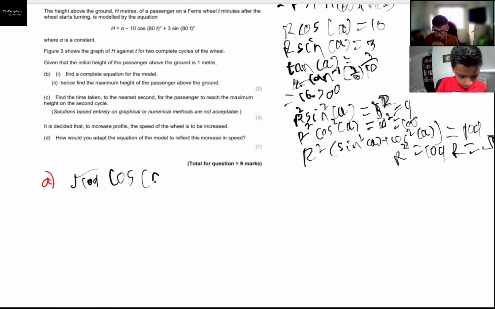So just write it here, maybe. Root 109 cos of theta plus 16.70 degrees.